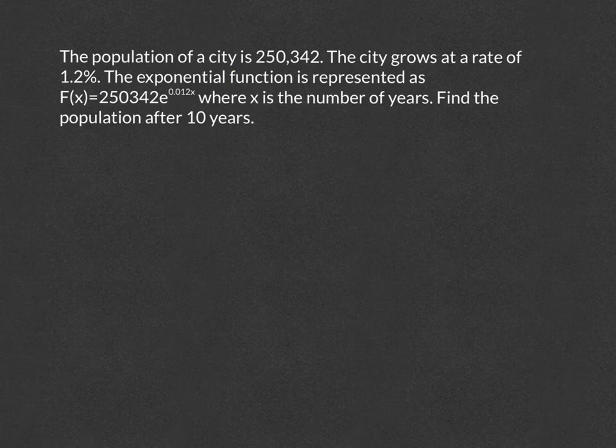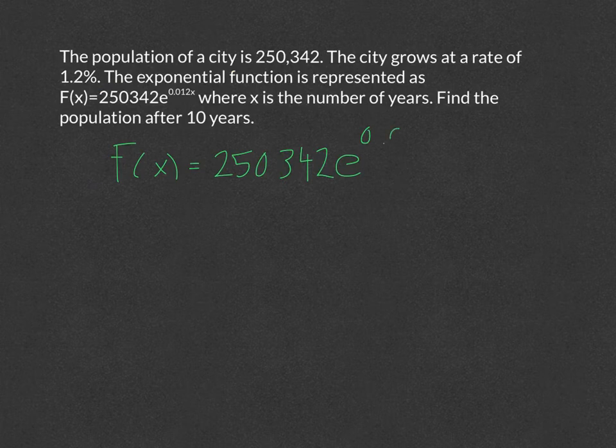So what that is asking is, if you have a function here, f of x equals 250,342 e to the 0.012x power, you want to find the population after 10 years. What that means is to plug 10 in for x.